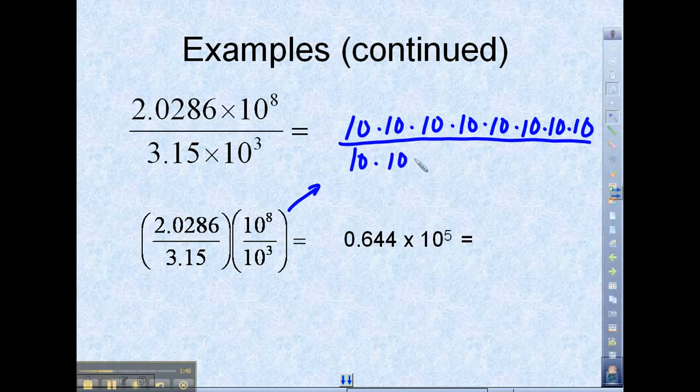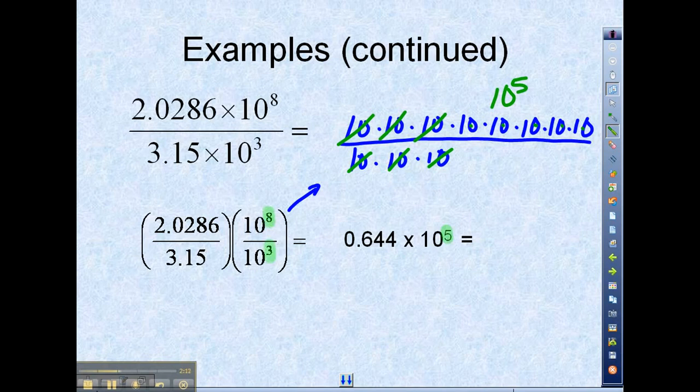When you do that, these cancel out, and those, and I'm left in the numerator 10 to the 1, 2, 3, 4, 5 power. That's how I got this. I wonder how you can get that as an exponent from that and that.